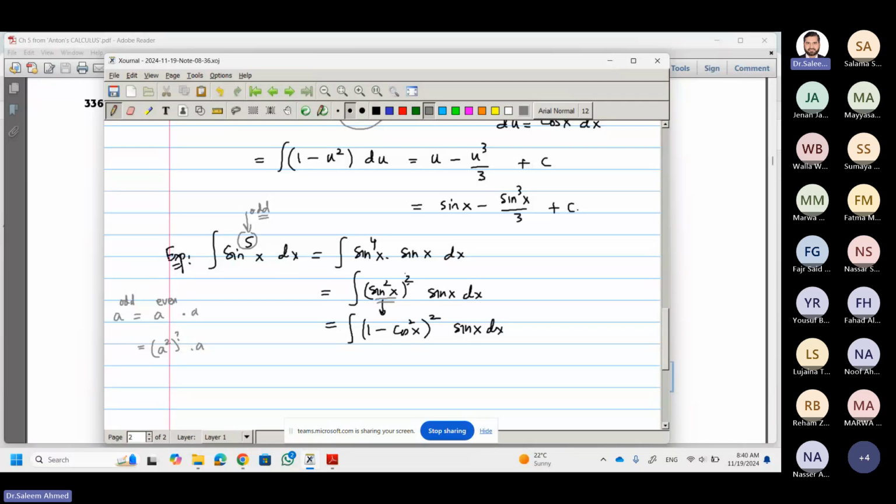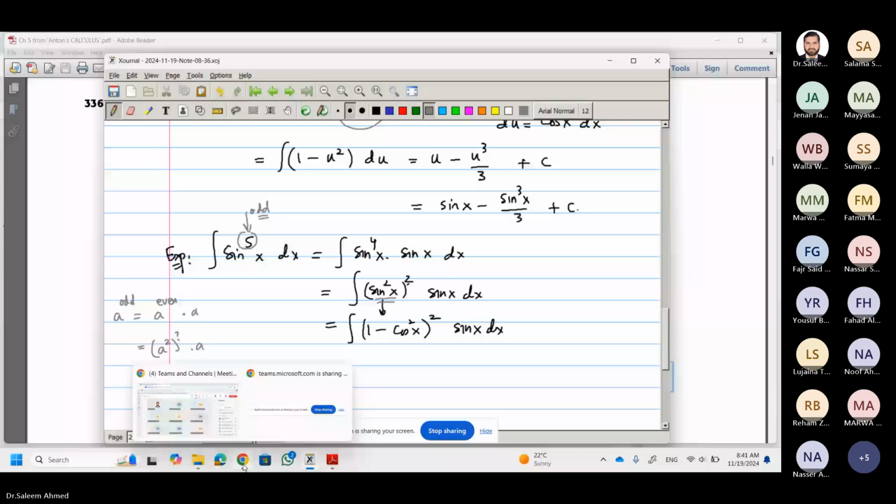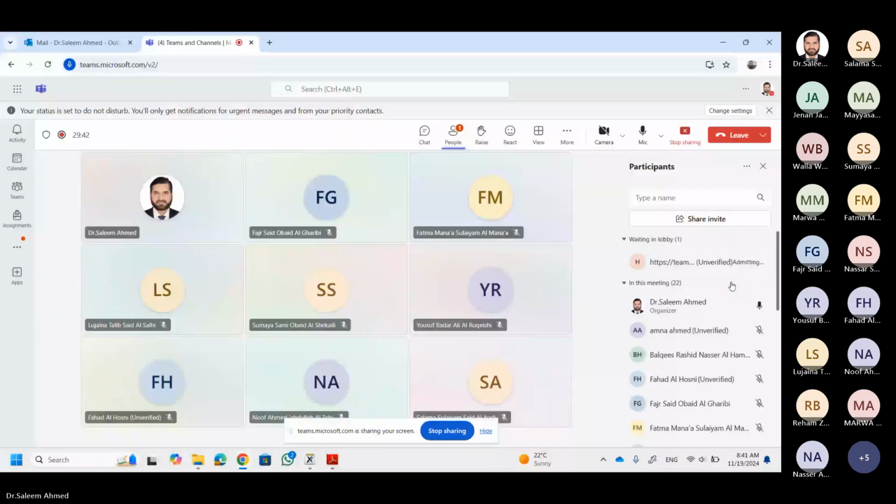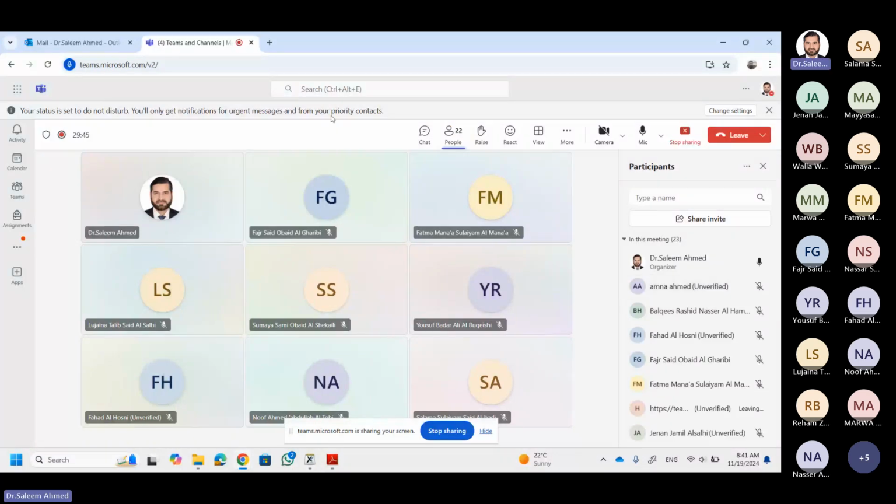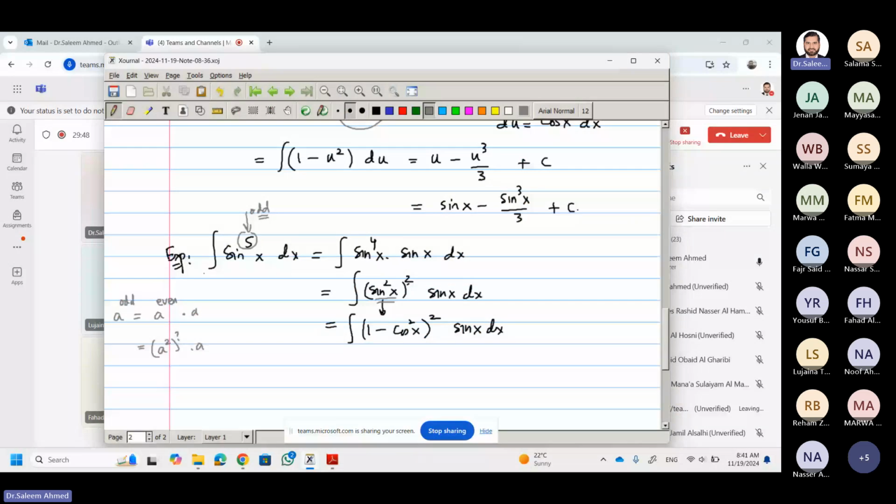So the power will remain there. If it is sine 7, it will become sine 6 into sine, and sine 6 can be written as sine square to the power 3. So that's why odd power is okay.